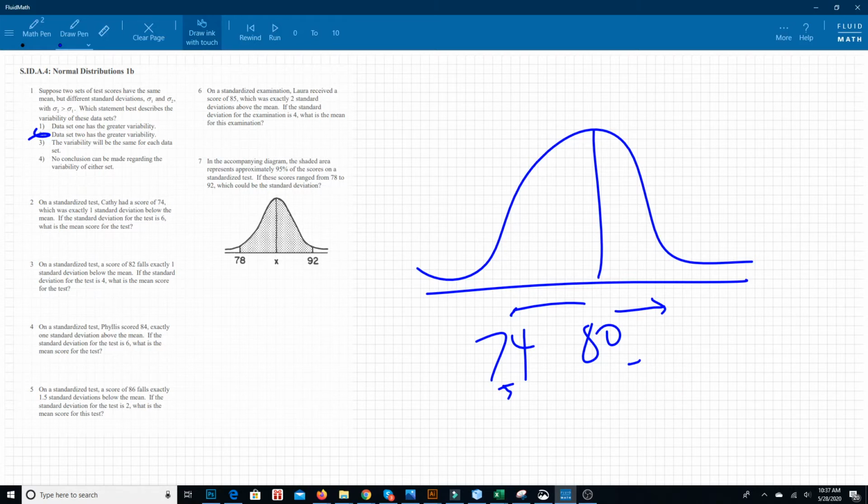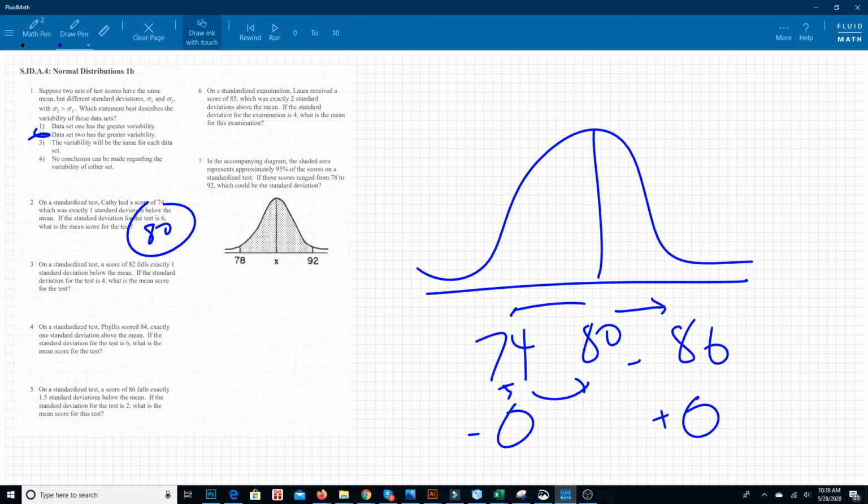And then right here would be 86, right? So 1 standard deviation positive is the negative standard deviation. That's going to give you 80. That's the answer, because you look at it, it goes up 1. Simple, straightforward stuff.